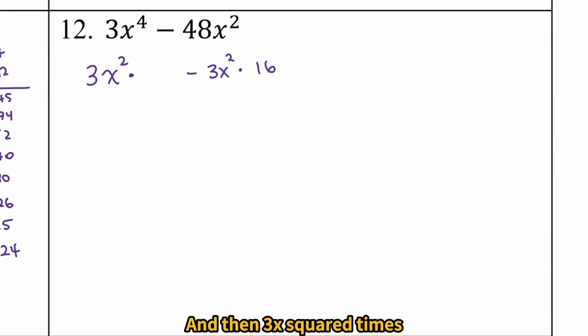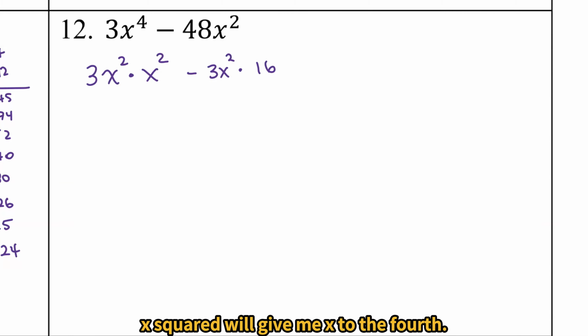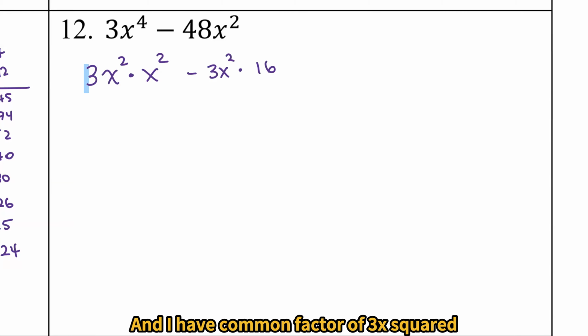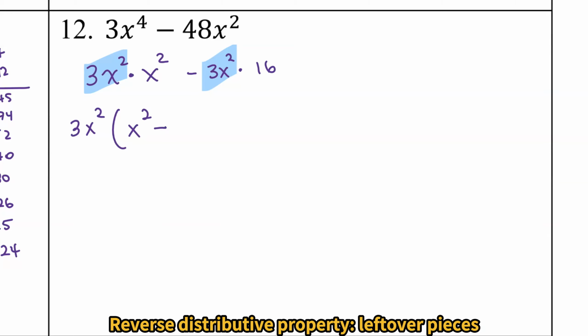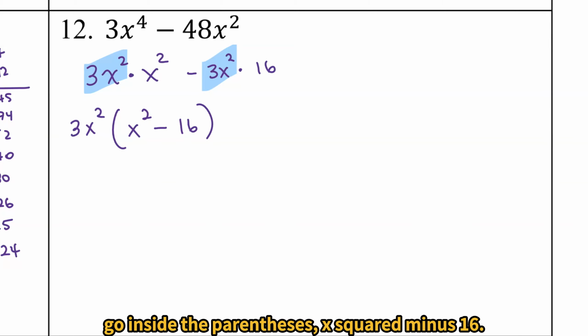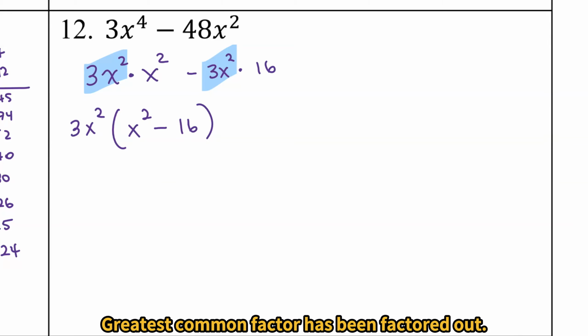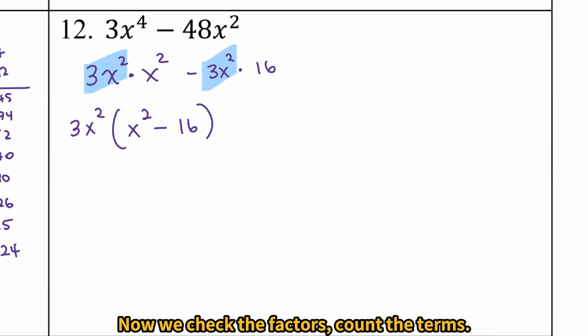And then 3x squared times x squared will give me x to the 4th. And I have common factor of 3x squared that I'm going to pull out. 3x squared. Reverse distributive property, leftover pieces go inside the parentheses, x squared minus 16. Greatest common factor has been factored out. Now we check the factors, count the terms.